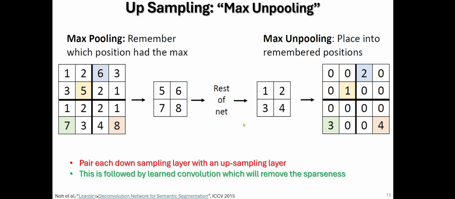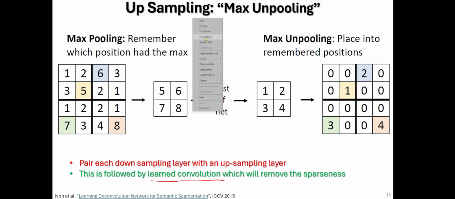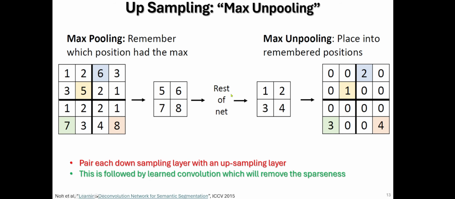I'll reiterate: the downsampling and upsampling have an index mapping, which is very important. The second is that unpooling is always followed by a learned convolution. These are the two critical things introduced in this network, which was proposed slightly later. This is where learning was introduced into the decoder part.